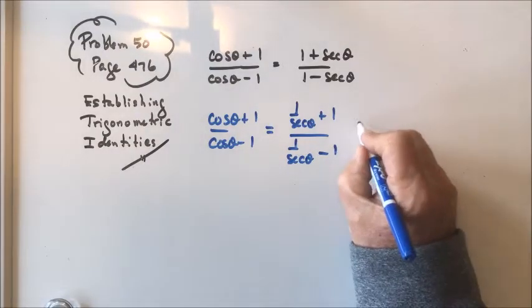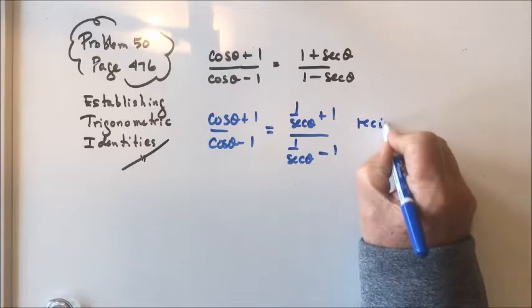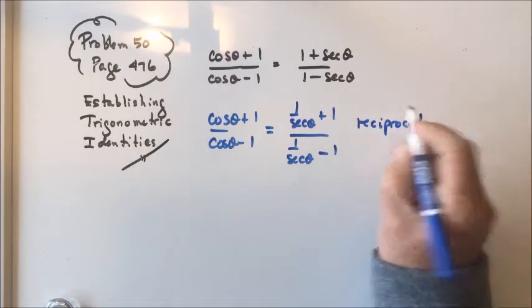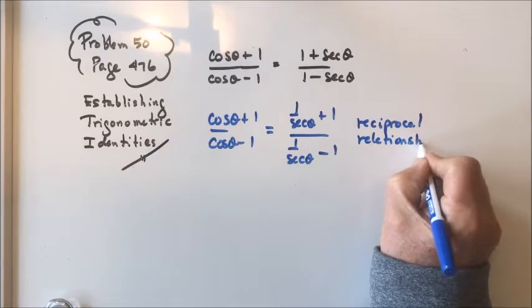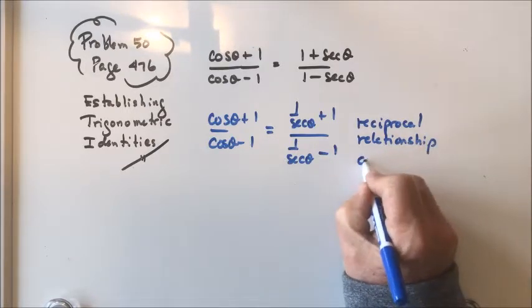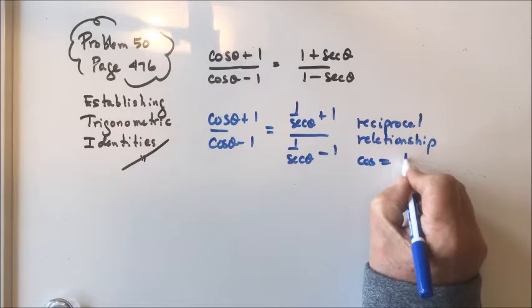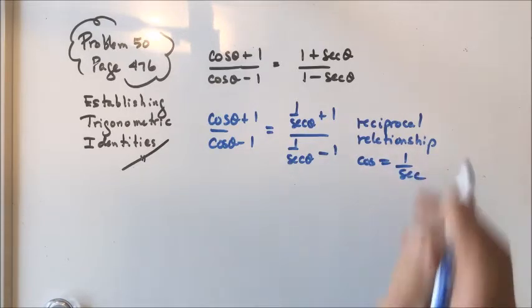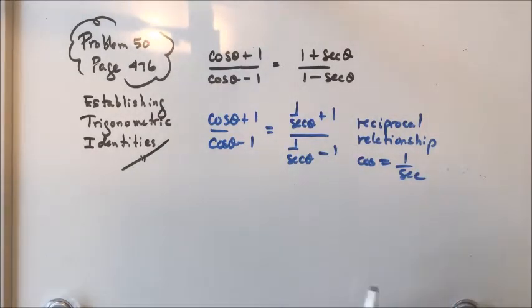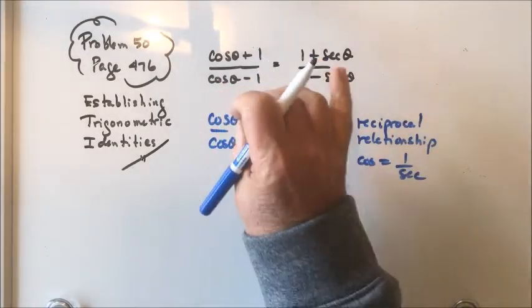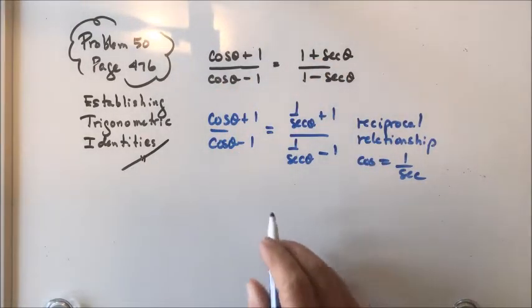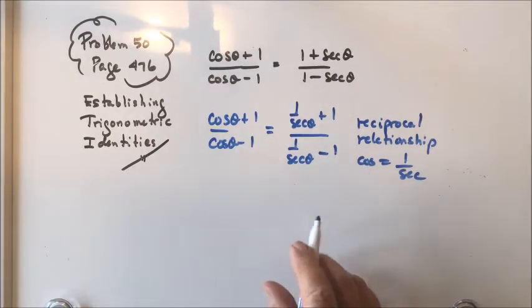And why? Well, because of the reciprocal relationship, cosine equals 1 over the secant. Yep, look at me not even using arguments there. Okay, so all I've done is make that substitution. Here's a cosine, I replaced it with a 1 over secant. Here's a cosine, I replaced it with 1 over secant.